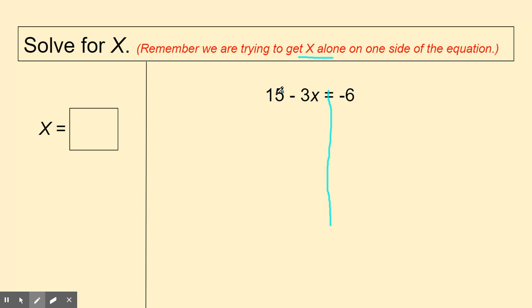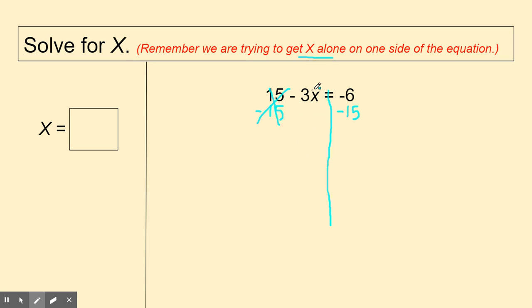So how are we going to do that? Well, first of all, I see this is a positive 15. Positive 15 minus 3x. Knowing that this is positive 15, I'm going to do the opposite of that, which would be minus 15. Because when we subtract, we're going to subtract from both sides. And when you subtract 15 from 15, those cancel each other out.